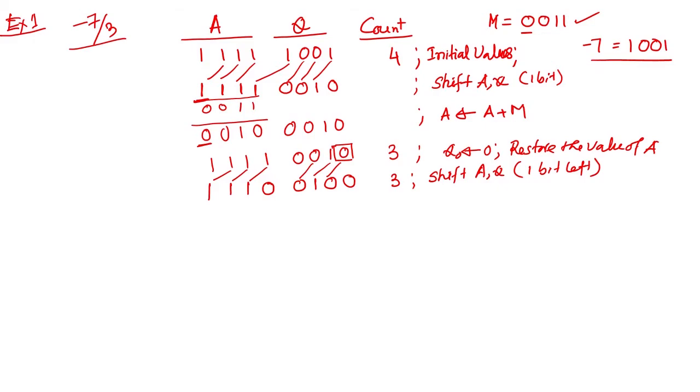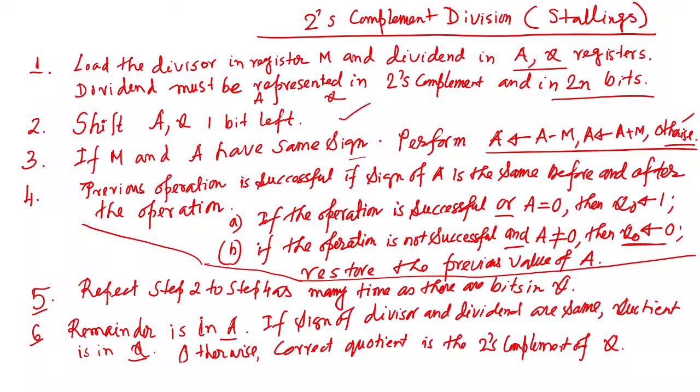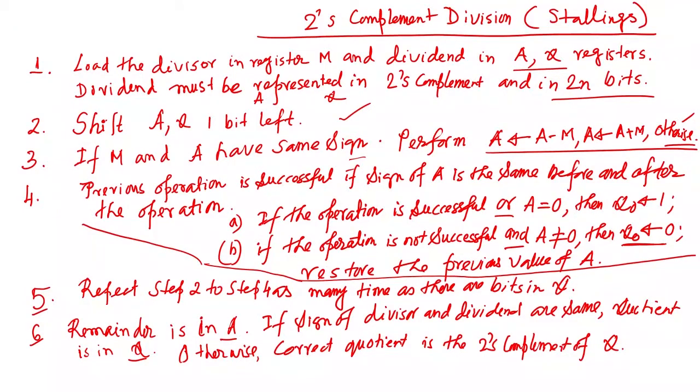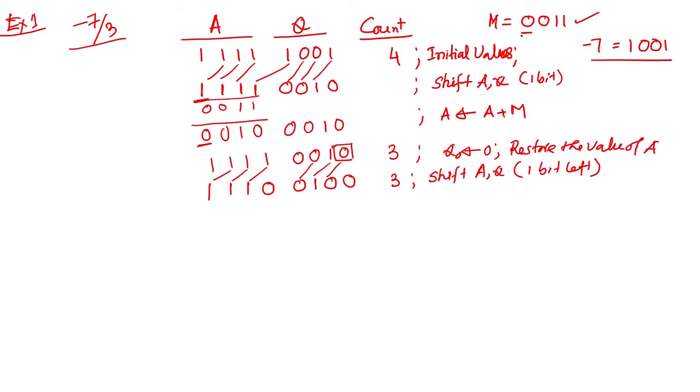Next, go back, the shift is done. If M and A have the same sign, perform subtraction, otherwise you add. So what do we have to do? M and A have the same sign? M is 0, A is 1, so no. Therefore, again you have to add them.